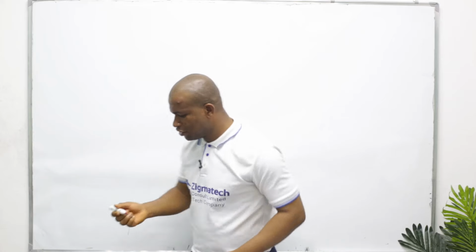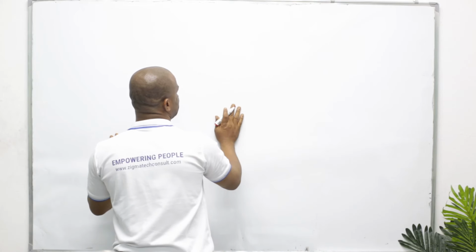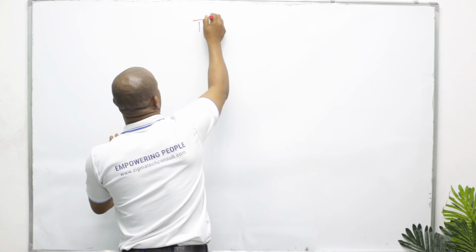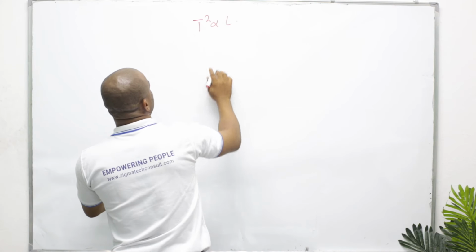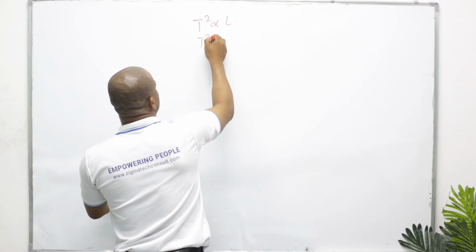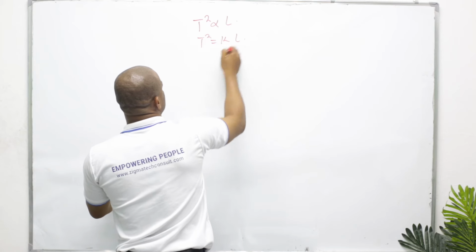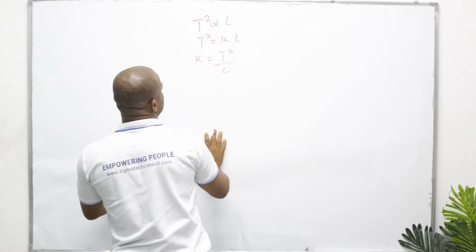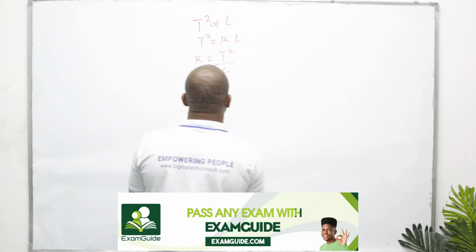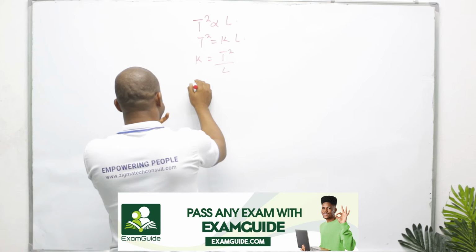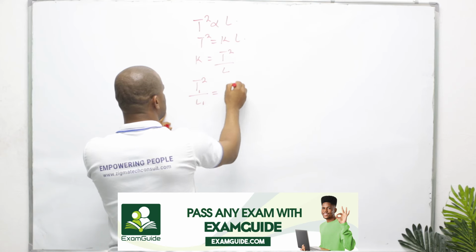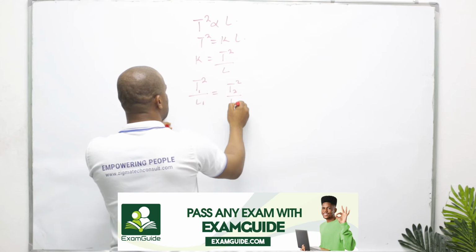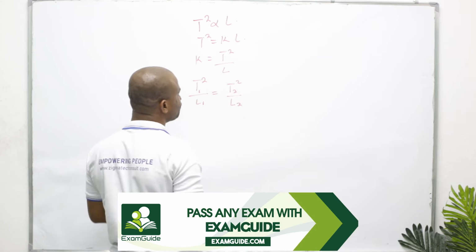Alright. This question came from a principle that the square of the period is directly proportional to the length. So that simply means that T squared is equal to KL, whereby K is T squared divided by L. Now, this is a constant. For it to be constant means T1 squared all over L1 must be equal to T2 squared all over L2.